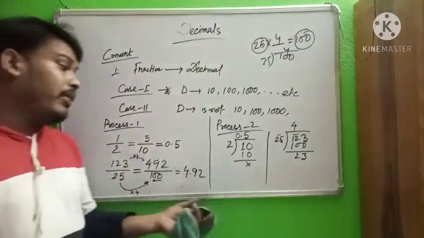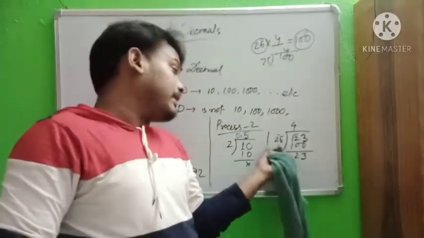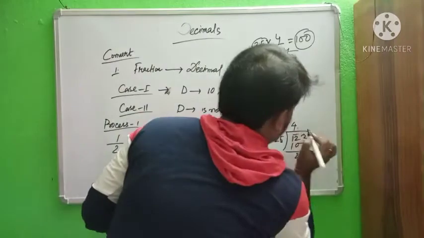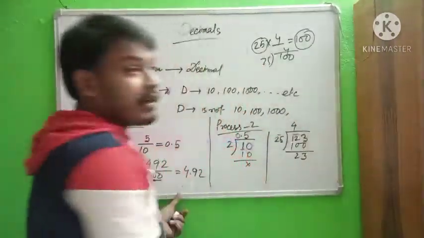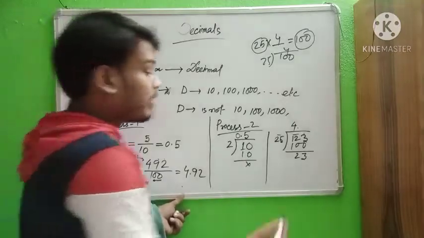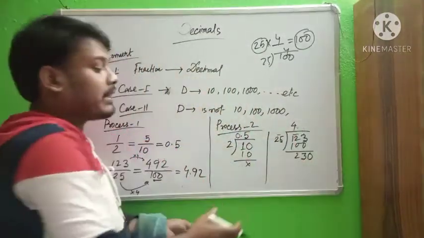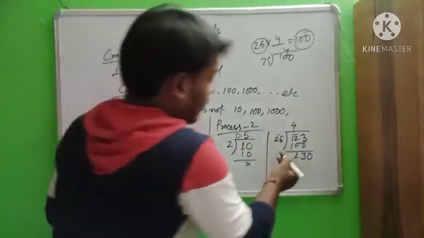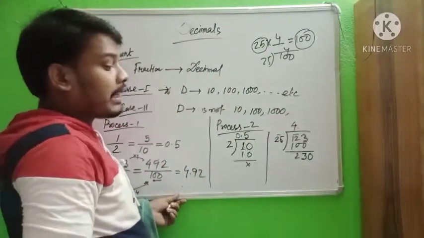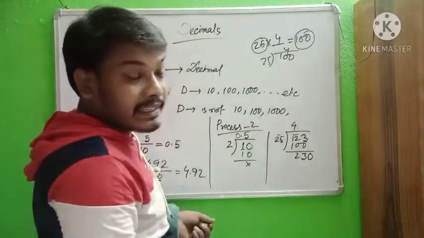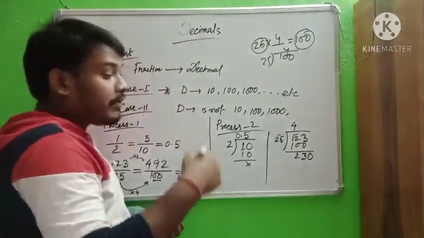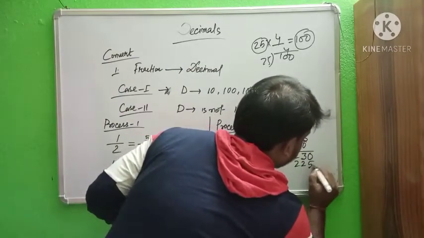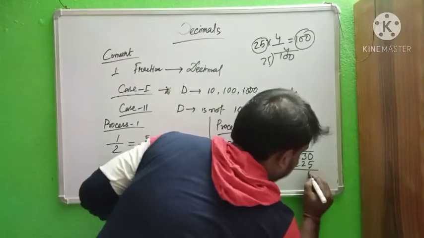When the value is less than the divisor, we put one decimal here. Now for this decimal we can take 10 at a time, so 230 is bigger than 25. Now again we divide. 25 8s are 200, 25 9s are 225. Then again we subtract, then 5.